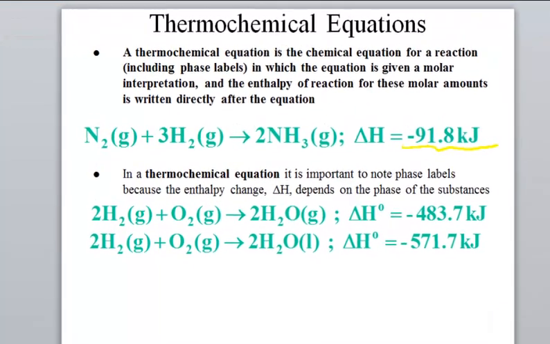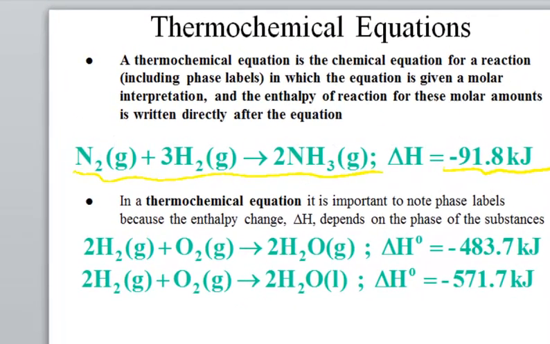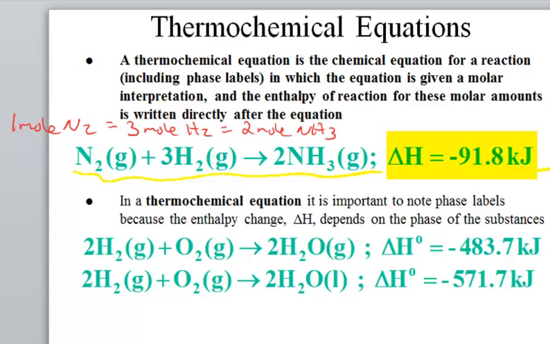So if we were going to write a mole-to-mole relationship for this chemical reaction, it's a 1 to 3 to 2 mole relationship that exists between those chemicals. That 91.8 kilojoules gets tagged along with that relationship.